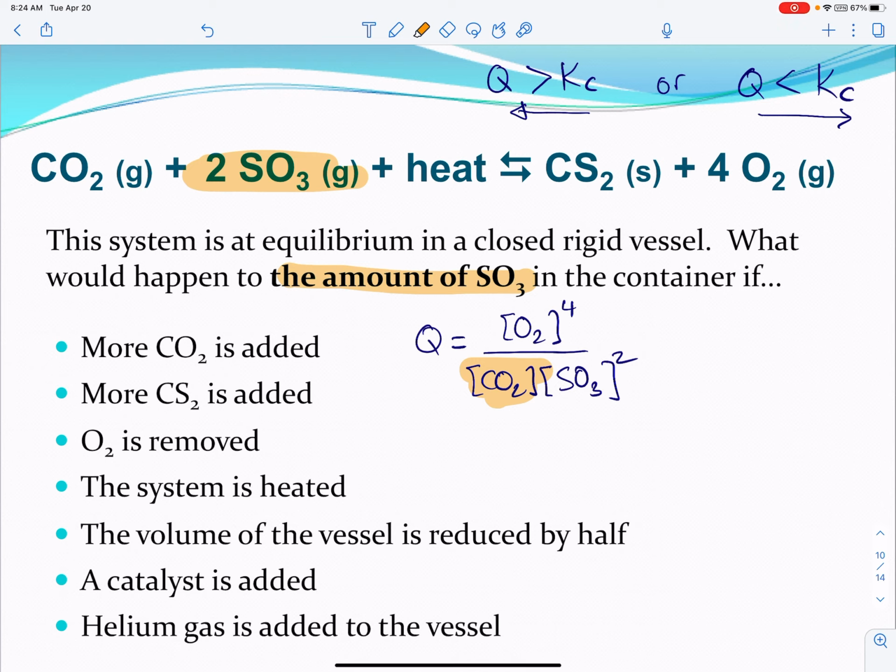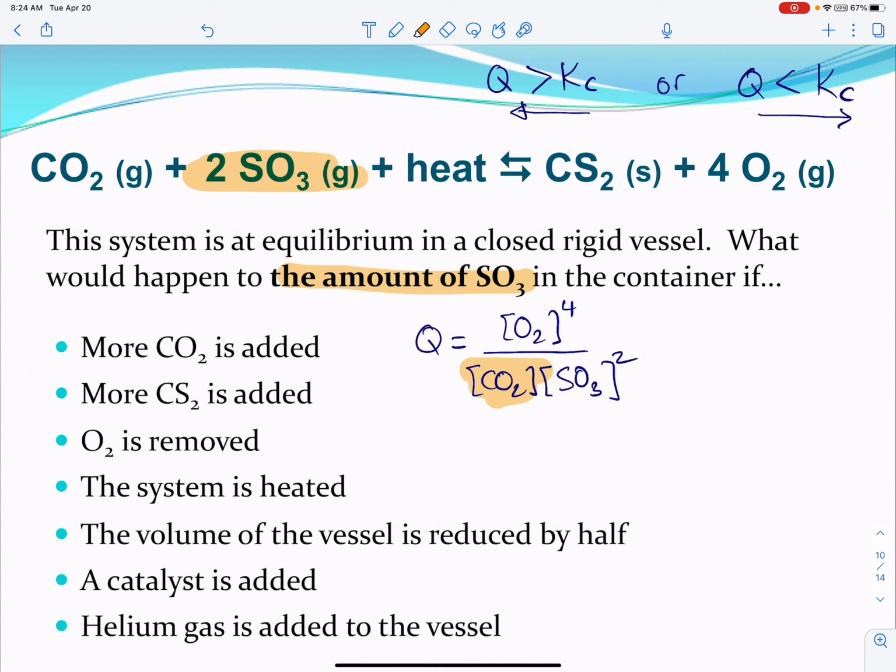The second thing I would note is if carbon dioxide is in the denominator of Q, then a larger value for carbon dioxide's concentration makes Q smaller. So if you're dividing by a larger number, Q will decrease. So adding carbon dioxide causes its concentration to get larger, and that causes Q to get smaller.